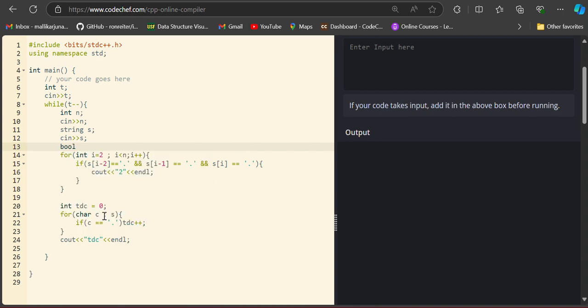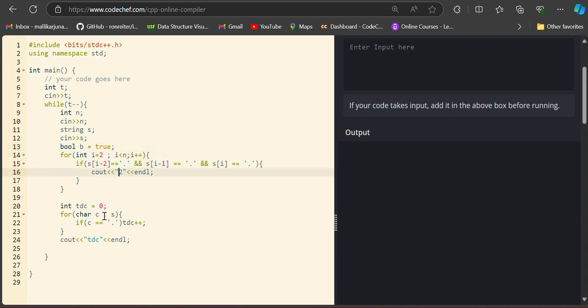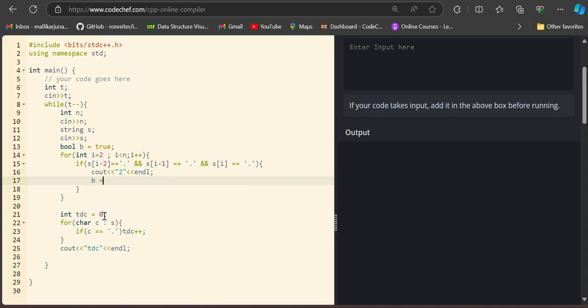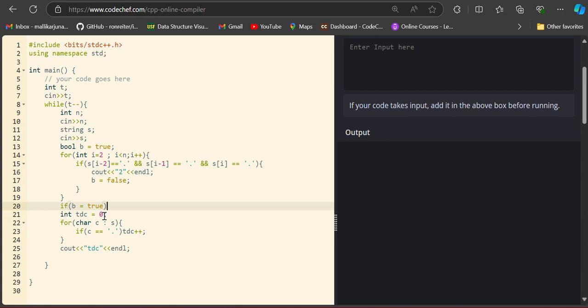So for that, b is equal to true. We taking that, and if false, so whenever these exist, this won't exist. If b is equal to true, then only run. Otherwise, if b equal to false, okay, so directly continue.